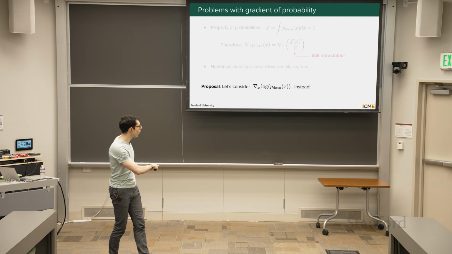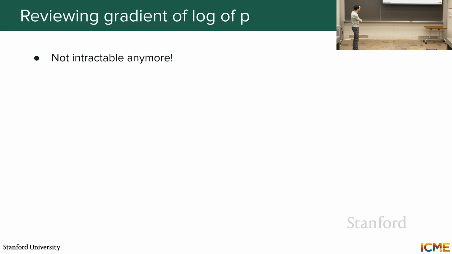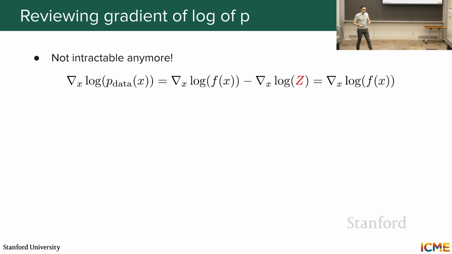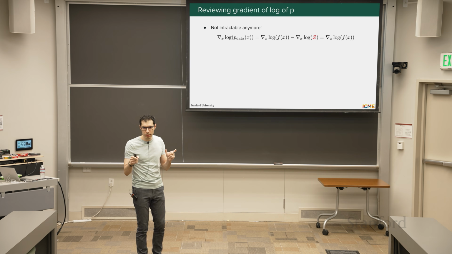Right? So why would that be a good candidate? Well, do you remember the first point I mentioned regarding the normalizing constant? Well, thanks to the properties of the logarithm function, if you take the logarithm of the numerator over the denominator, it's just the logarithm of the numerator minus the logarithm of the denominator.